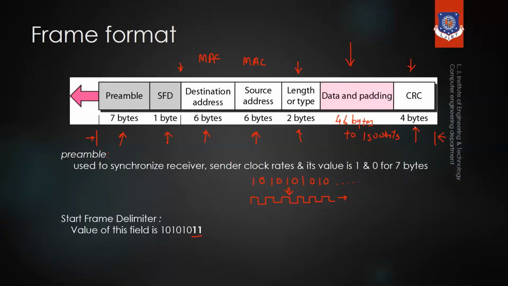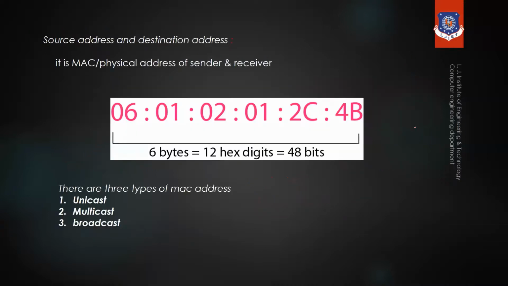Now let's see the MAC address in detail. The MAC address is also called the physical address, and the size of this address is 6 bytes. There are a total of 12 hex digits, which means the size of one MAC address is 48 bits.